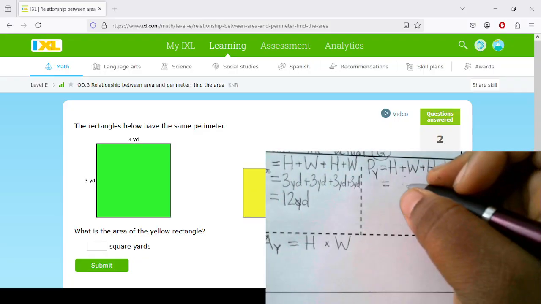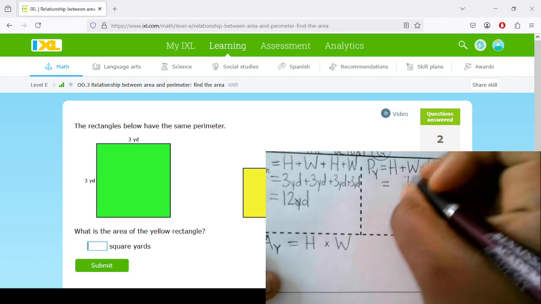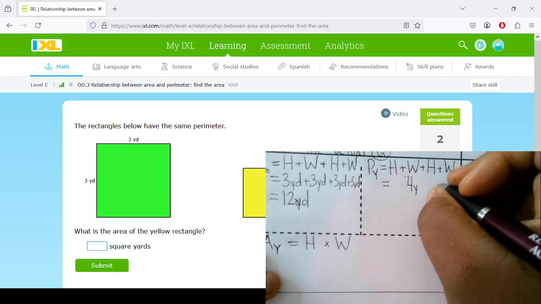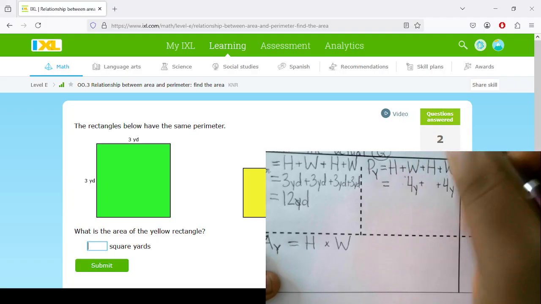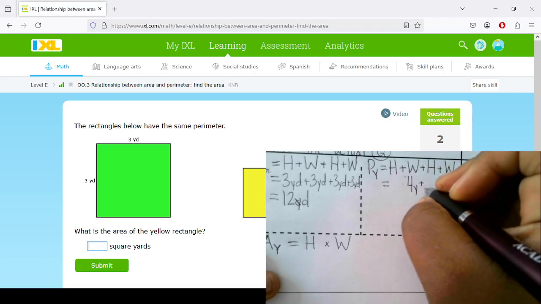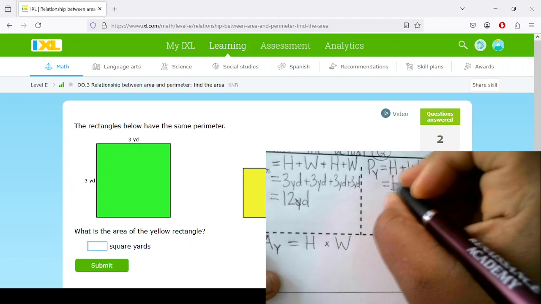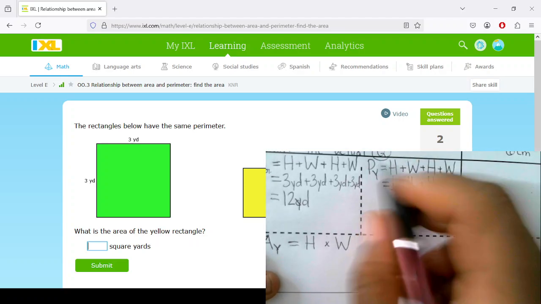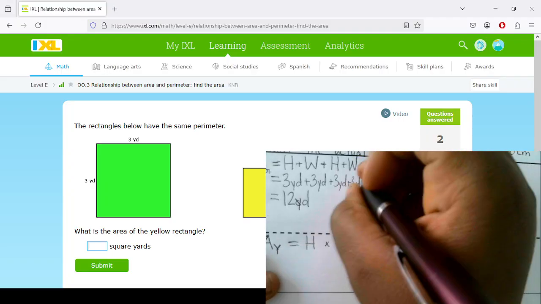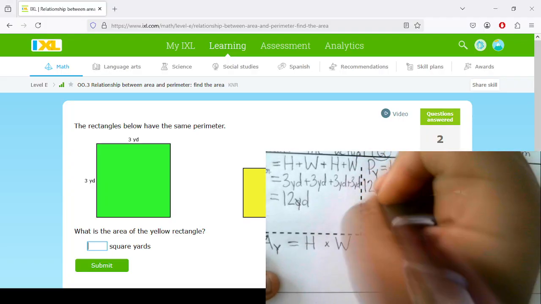The diagram tells me the width is 4 yards. But the diagram does not tell me the height. That's what I need to find. So I'm just going to keep an H there. And I have found the whole perimeter is 12 yards.